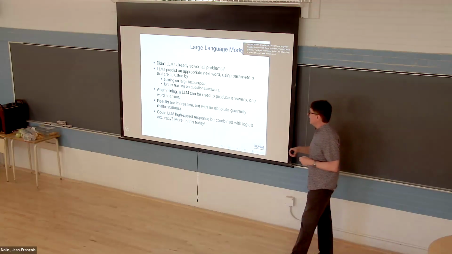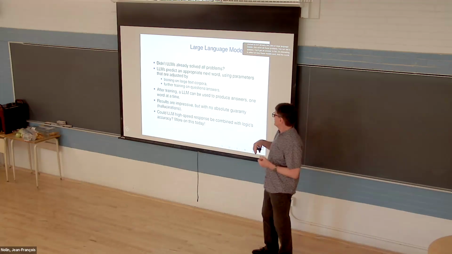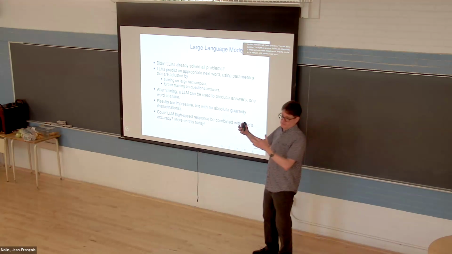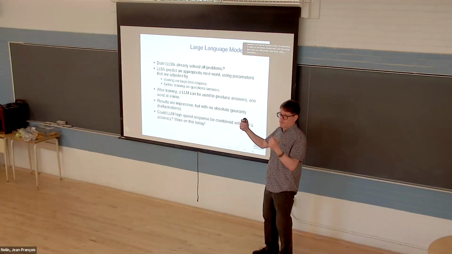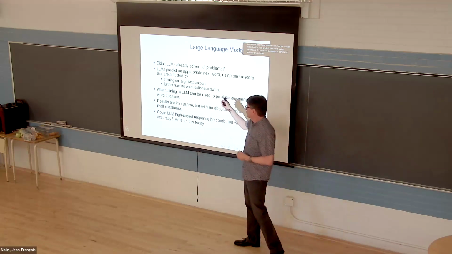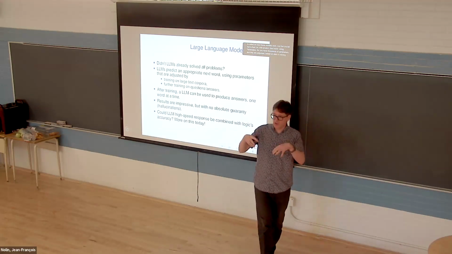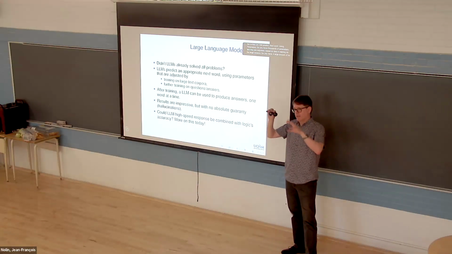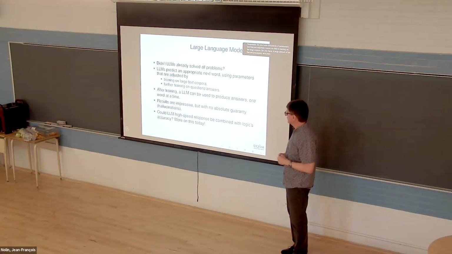And the crucial fact is that the LLM will predict the next word using parameters. So you have thousands of parameters and they are adjusted based on data in a training on large corpora. So you have a large amount of text that is processed, and then these parameters are adjusted.